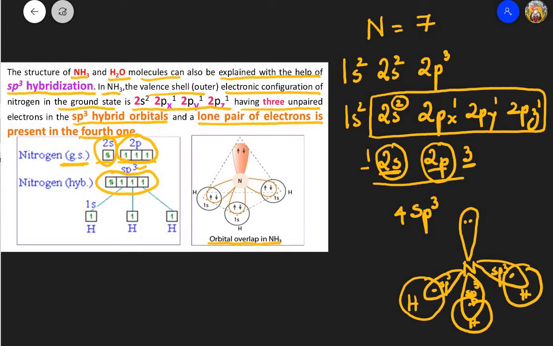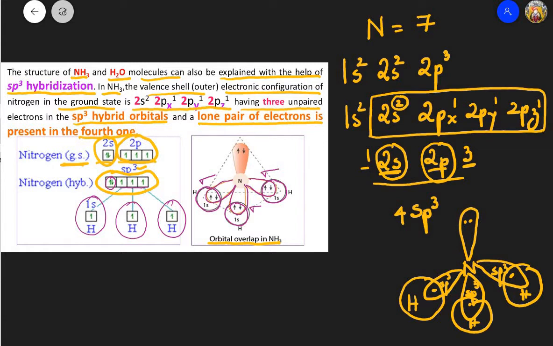In one of the lobes there will be 2 electrons, and the remaining sp3 lobes will each have 1 electron, and those sp3 hybridized orbitals will overlap with the 1s1 orbital of hydrogen to form 3 sigma bonds. You can see in the diagram here, right? This is one of the sp3 lobes of nitrogen, another sp3, and this is another sp3. Okay, when it overlaps with hydrogen, we have here 1 sigma bond, here after overlapping 1 sigma bond, similarly after overlapping here 1 sigma bond, right?